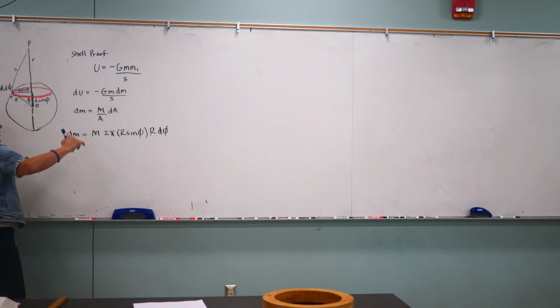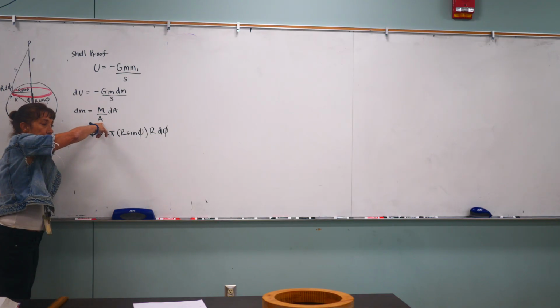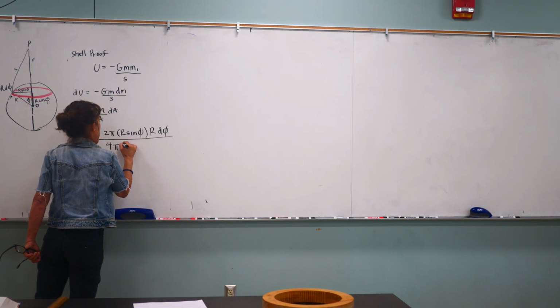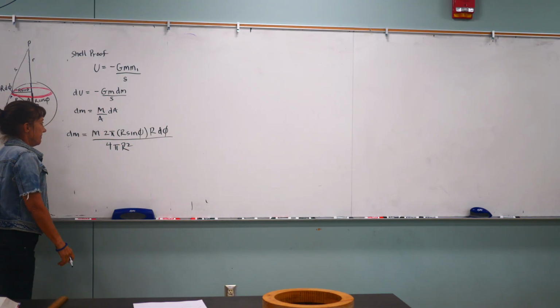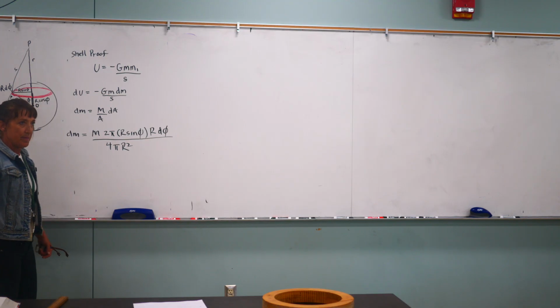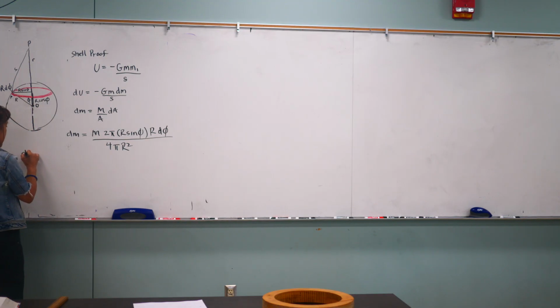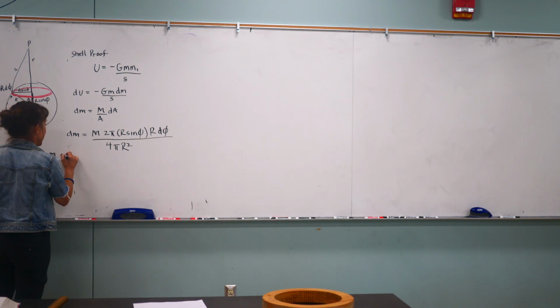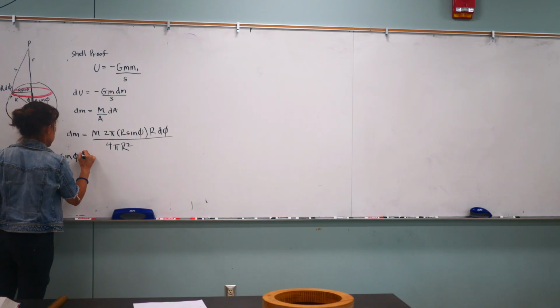This is phi, that angle right there. And the area is going to be equal to 4 pi R squared. Okay, everybody with me? All right, dm equals m over 2 times sine phi d phi.